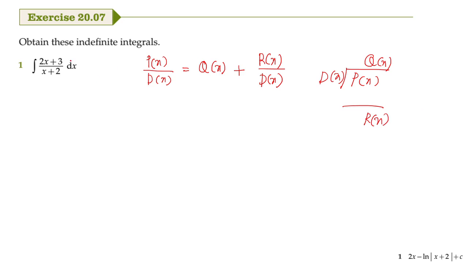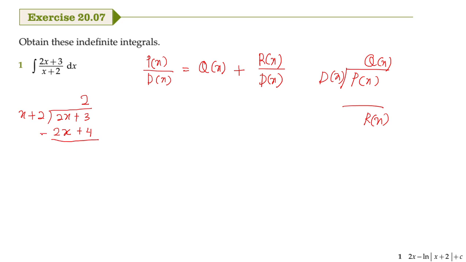Now let's integrate using long division first. So 2x plus 3 divided by x plus 2. The suitable multiplication over here is 2. Multiply 2 with x plus 2, therefore you get 2x plus 4.